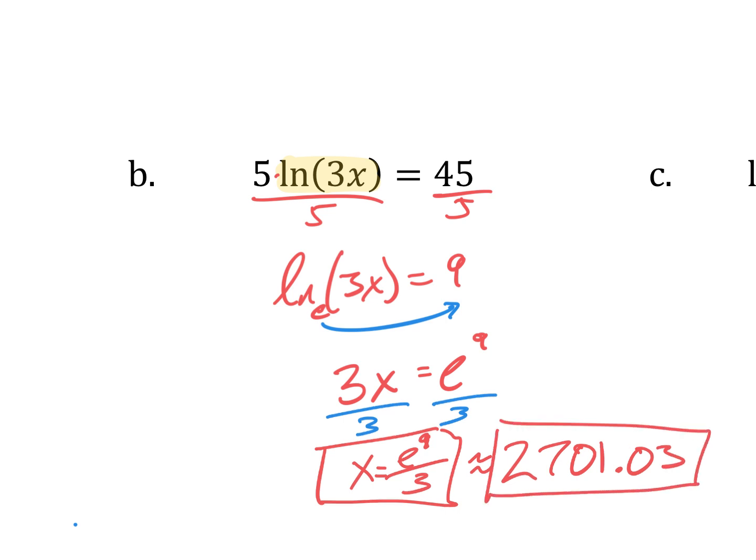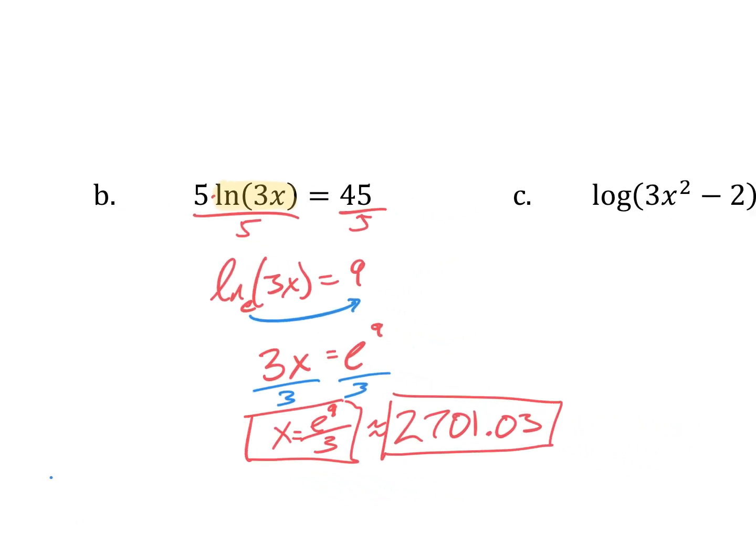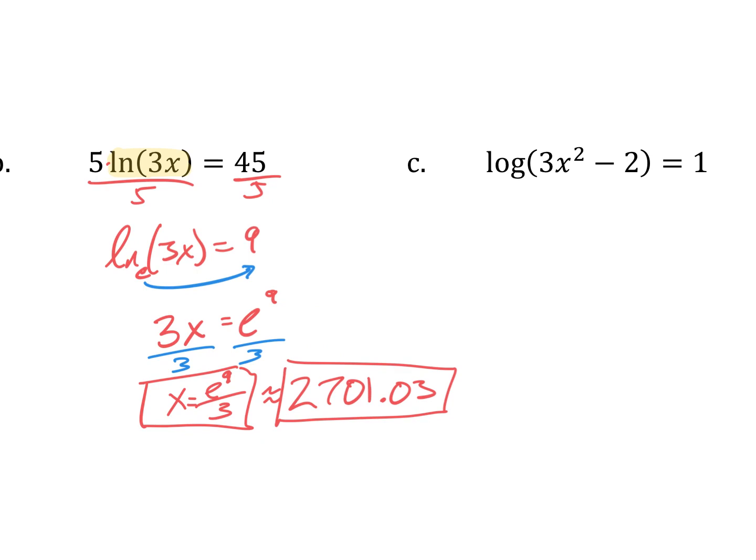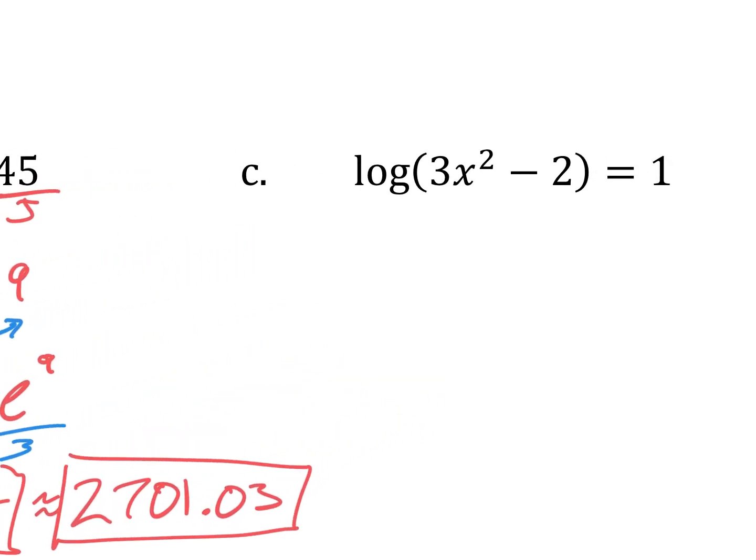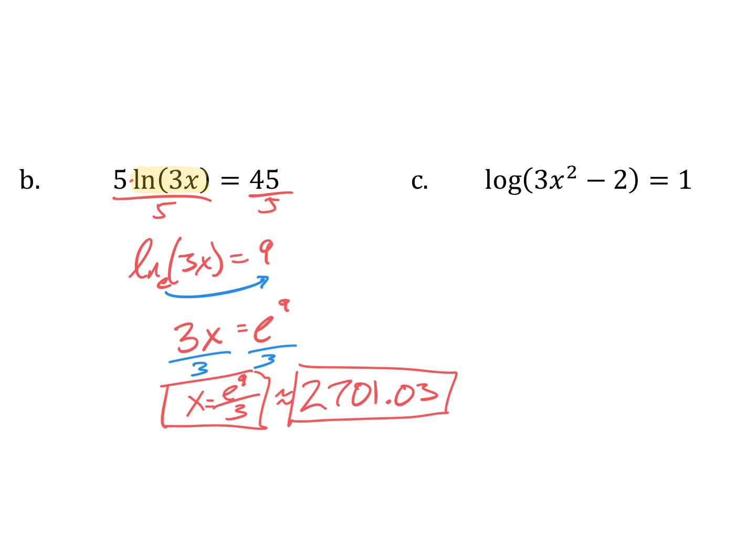So there's our decimal approximation. We should check that out. Is that going to be positive? Yes, if you plug this in for x, 3 times that is going to be positive. So our domain is going to be just fine.